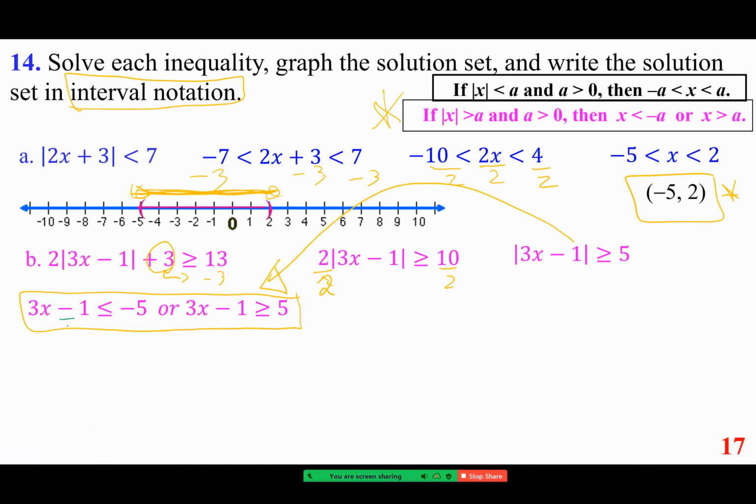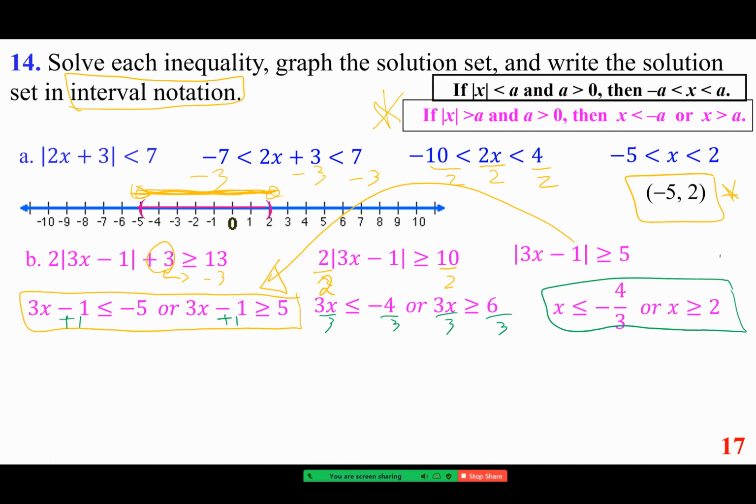We are going to add 1 in each case. This is what we get. We are going to divide everything by 3. And this is the final inequality answer.